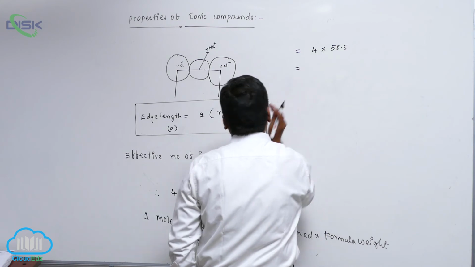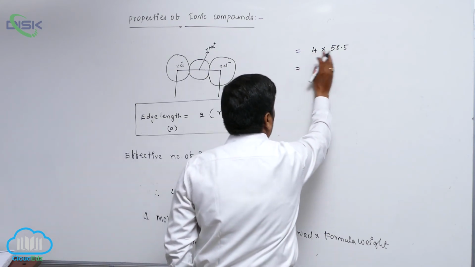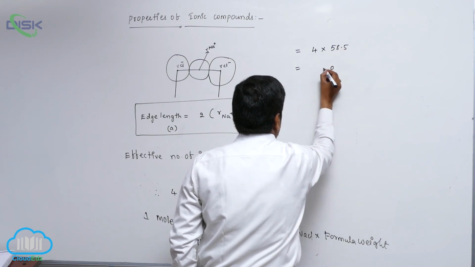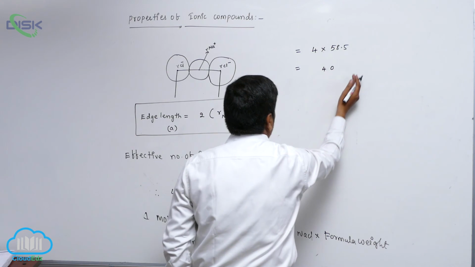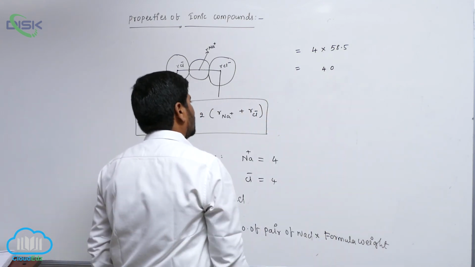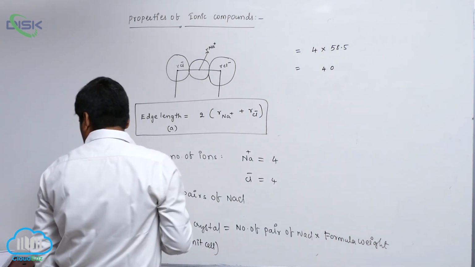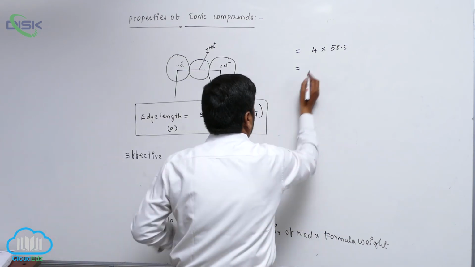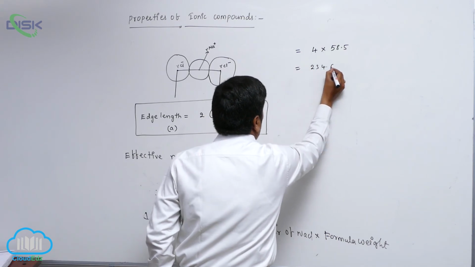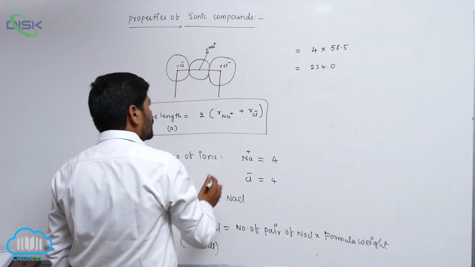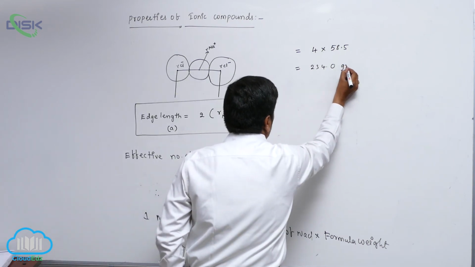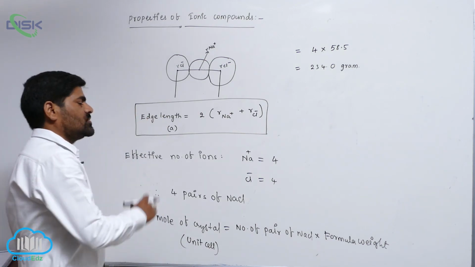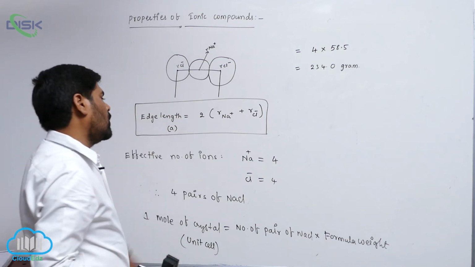So this value is approximately 234.0. This is in grams. Okay? So this is about which crystal? Sodium chloride crystal.